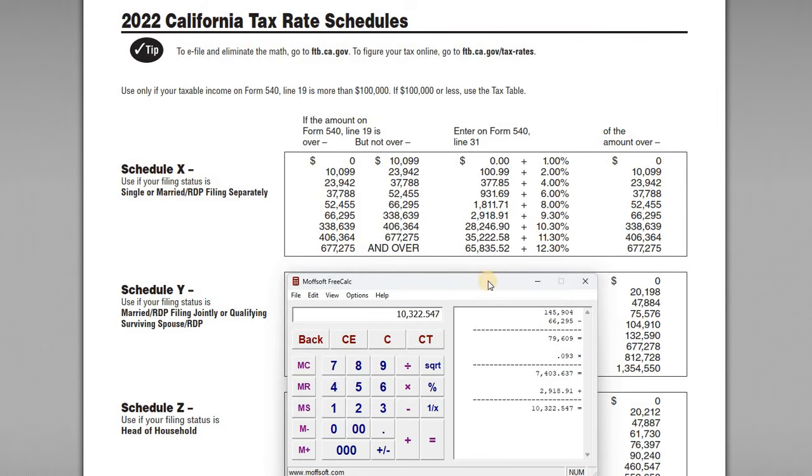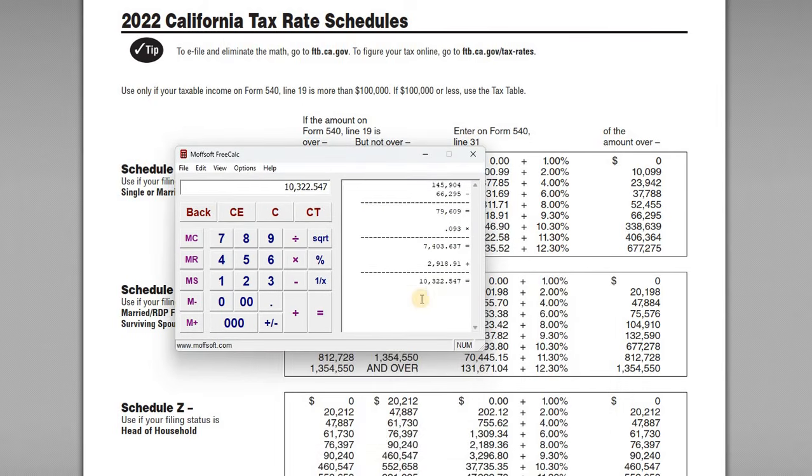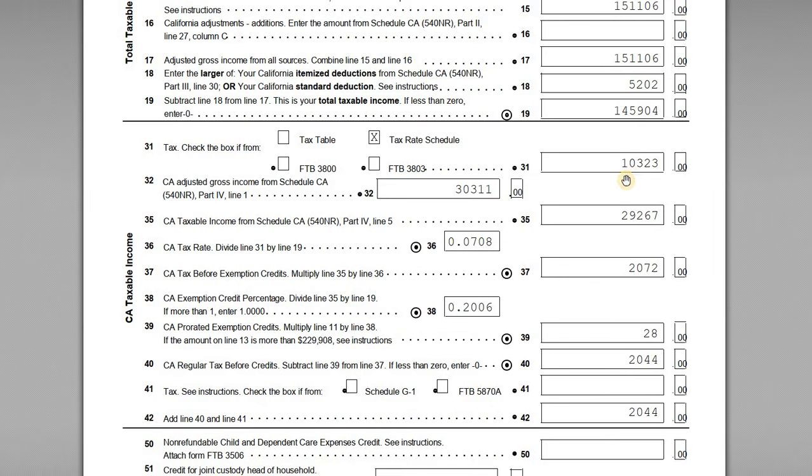So the total tax using the tax rate schedule is $10,322. So if I look here, there it is, $10,323. Now for us, we use tax prep software to prepare these forms, so the software spits this out nicely for us, but if you were computing this manually or preparing the forms by hand, you can go through the steps that I just did to figure out the tax.